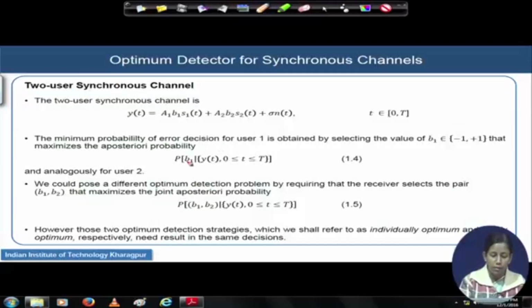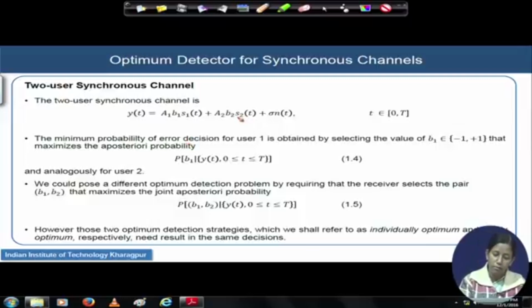If this a posteriori probability is maximized, that will also minimize the error in the decision process. So, that is the relation.